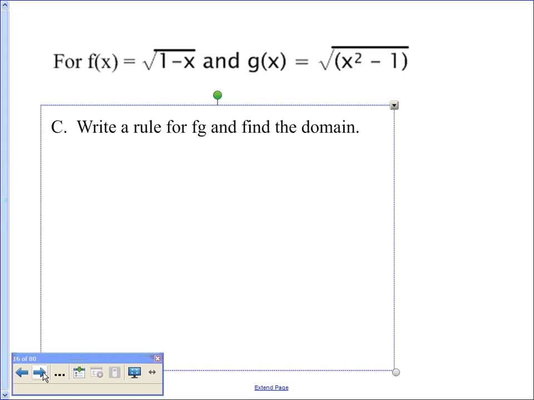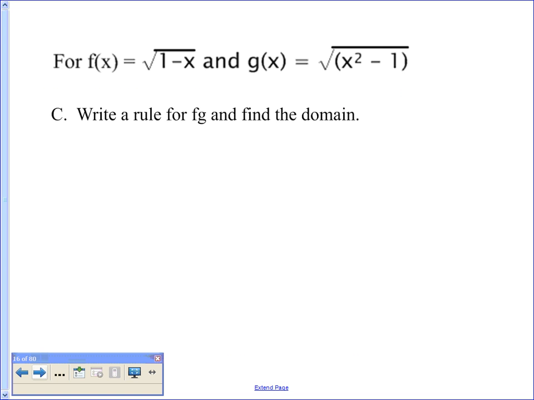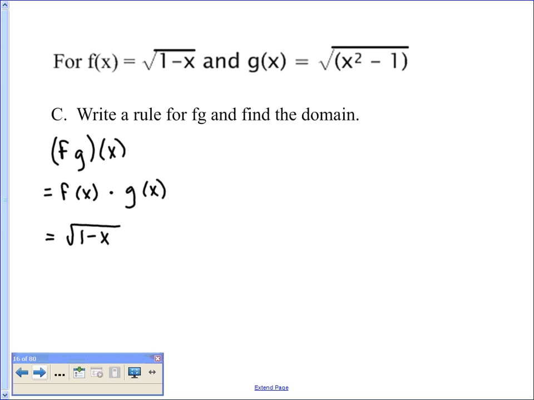All right, moving on to our quotient. Oh, I'm sorry, we're actually going to do our product first. So here we have our product, and we're finding f times g, which can be rewritten as f of x times g of x. And we just plug those in. So f of x is going to be the square root of 1 minus x.